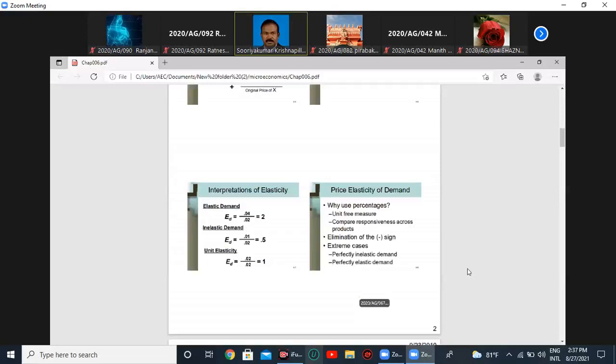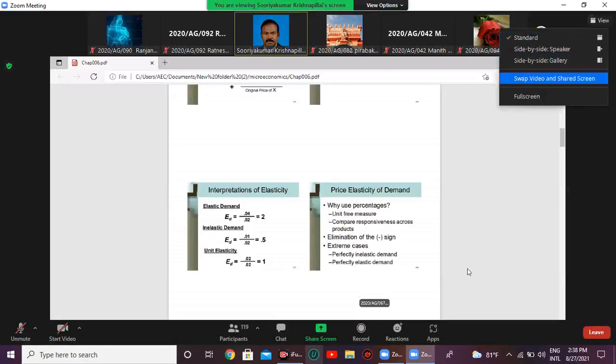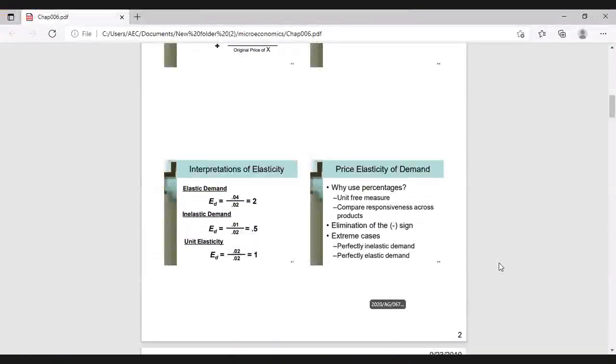But if we calculate percentages, you can simply compare a 10% increase in the price of a laptop, and what percentage the demand decreases; the elasticity will give that value.